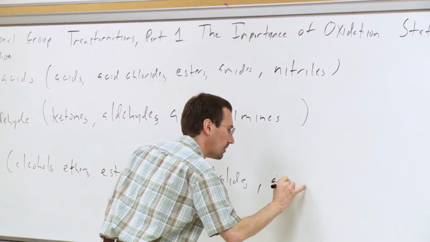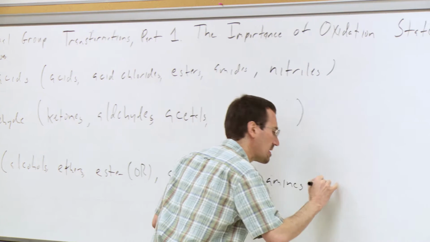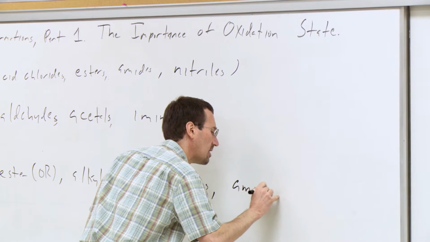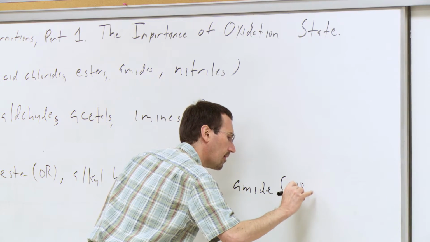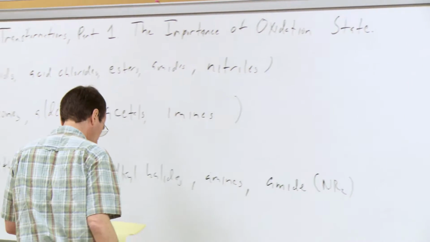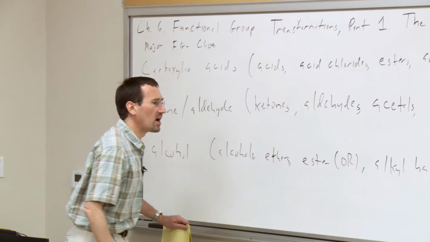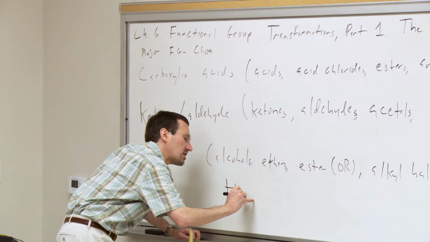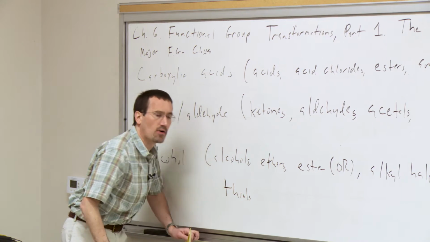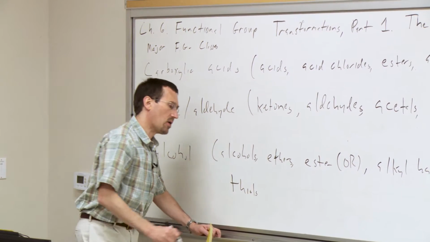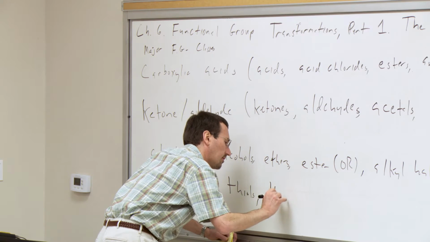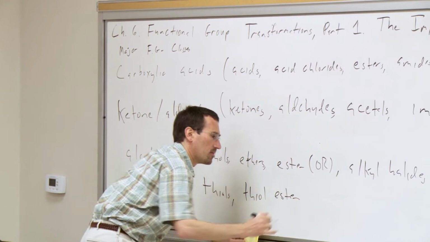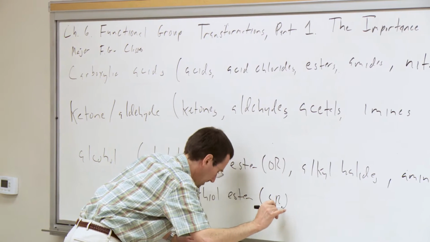Amines, the amide NR2 group, the R groups on the amide. And then if we want to think a little further afield, we can talk thiols, the sulfur analogs of alcohols, and thiol esters. That would be the SR group of them.